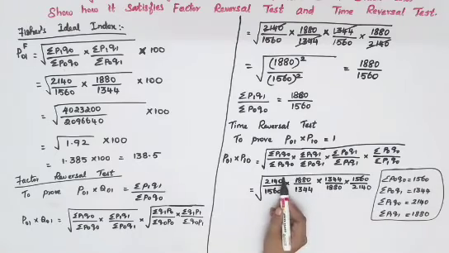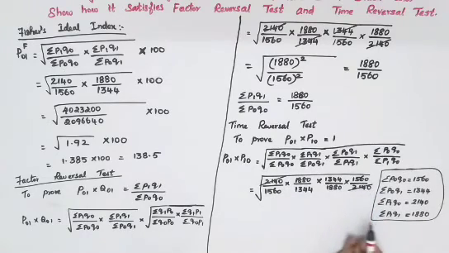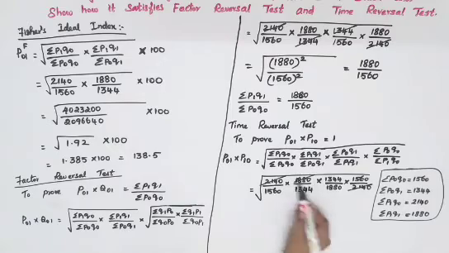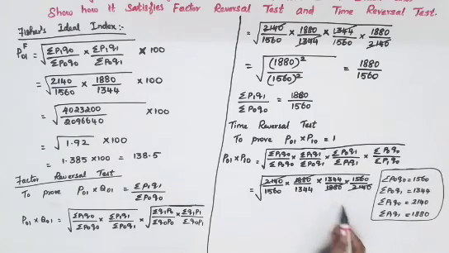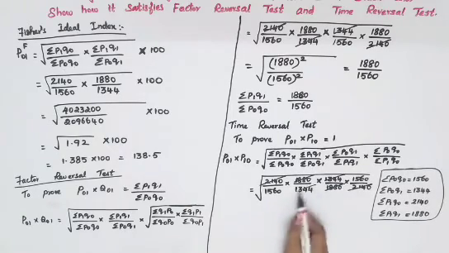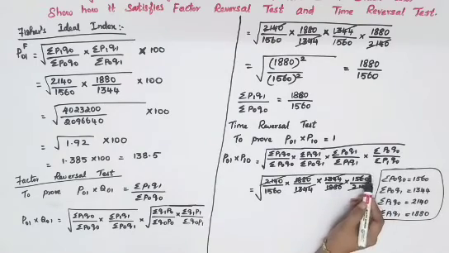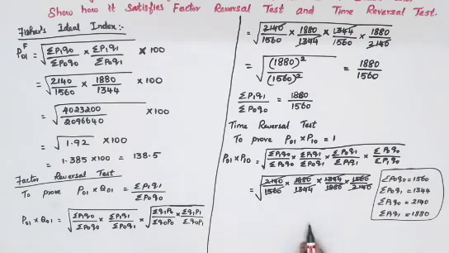So you can cancel again, 2140 will go, 1880 will go, 1344 will go, 1560 everything will go. So you'll have your answer, root 1.